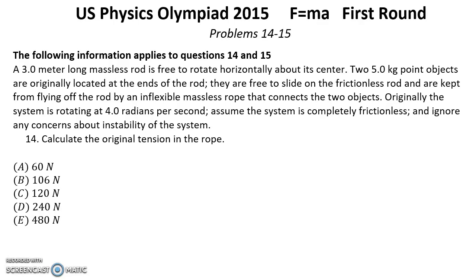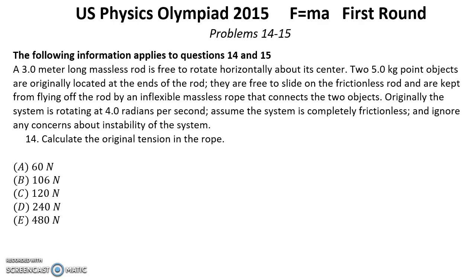They are free to slide on the frictionless rod and are kept from flying off the rod by an inflexible massless rope that connects the two objects. Originally, the system is rotating at 4 radians per second. Assume the system is completely frictionless and ignore any concerns about the instability of the system.